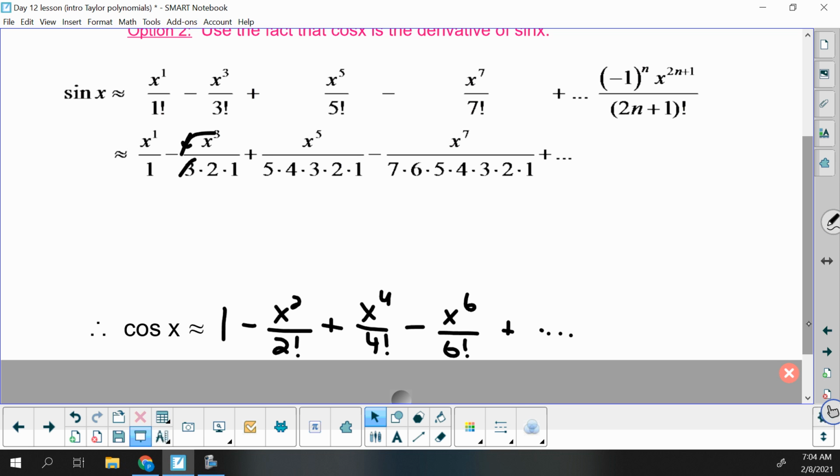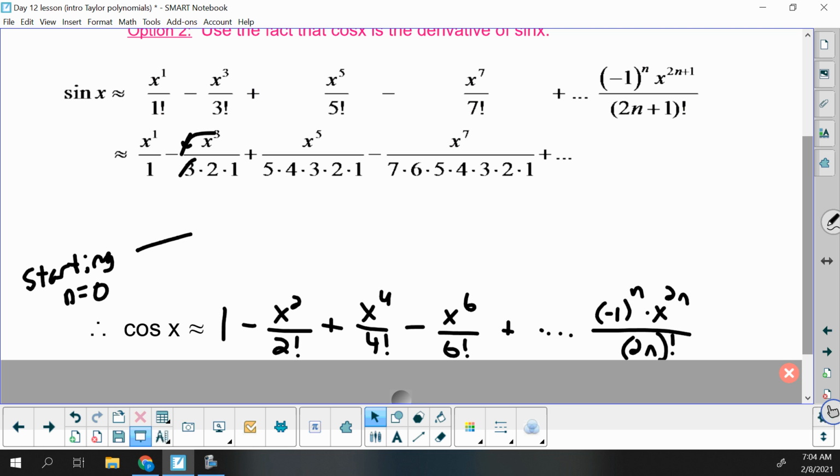So 2n plus 1 would multiply out front, divide out the 2n plus 1, so we will have negative 1 to the n times x to the 2n all over 2n factorial. And just like before, this is starting with n equal to 0 for this general function. And we'll, again, in the coming days, see why we would want that.